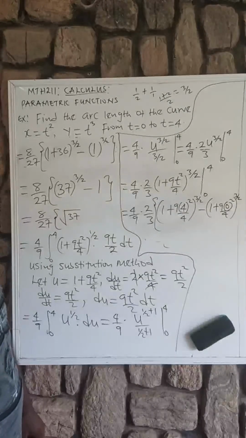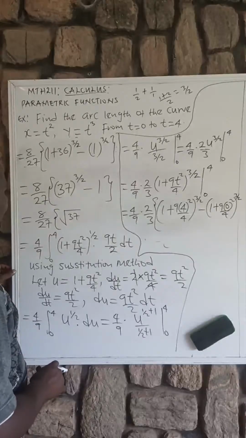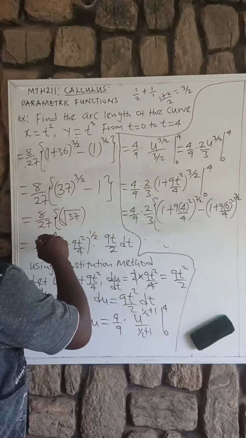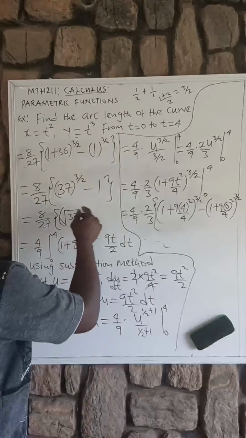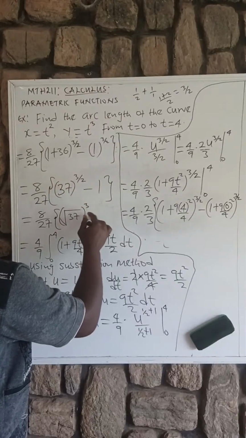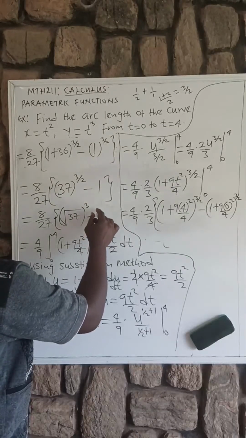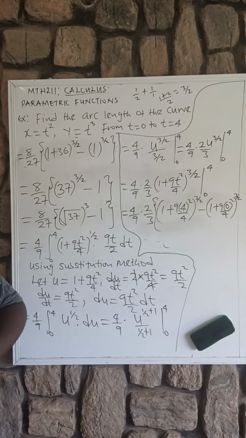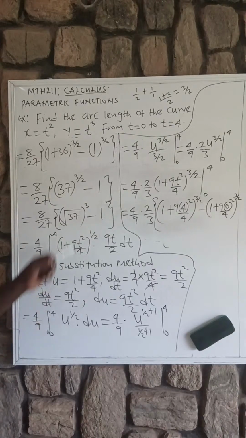Square root of 37 all in bracket raised to the power of 3 minus 1. So far so good. This is how you are going to evaluate this question.